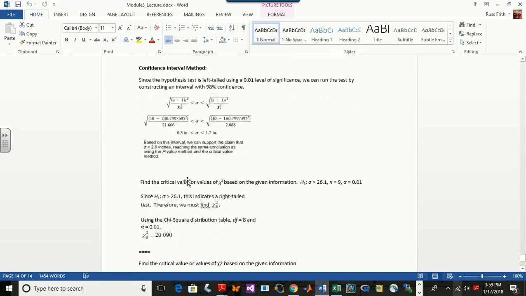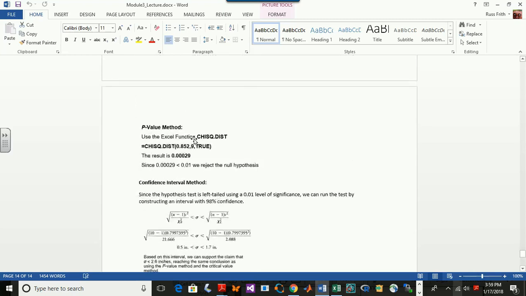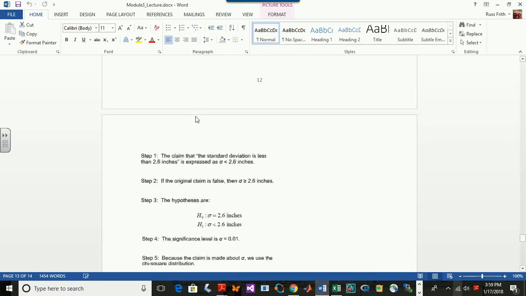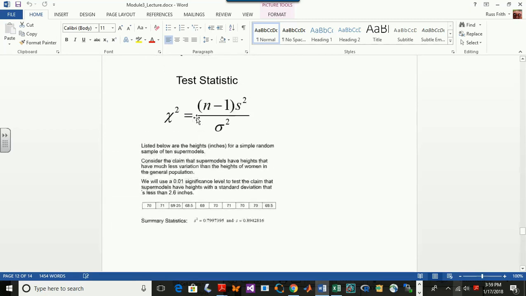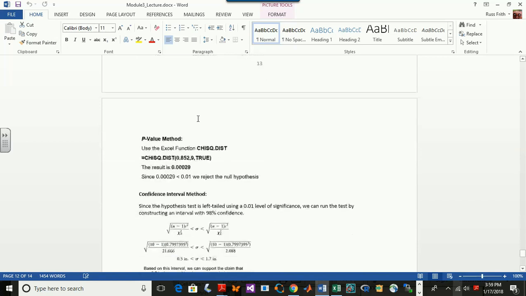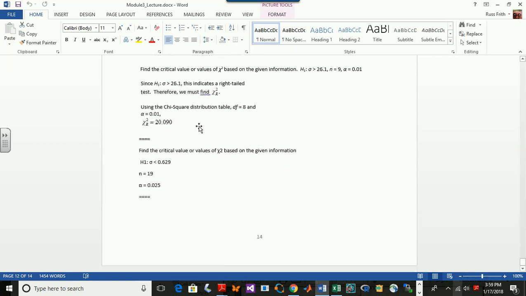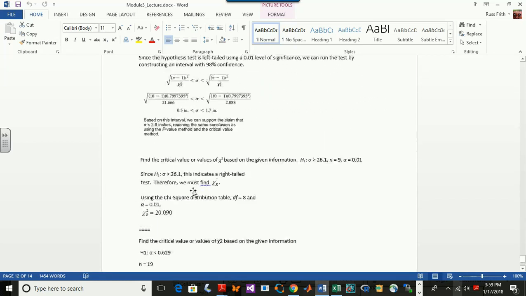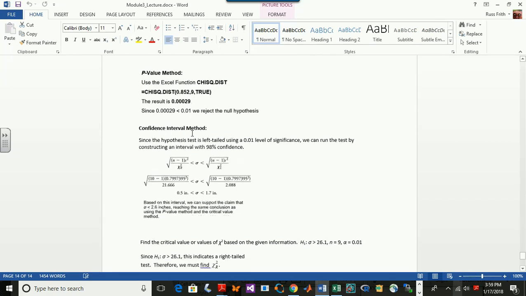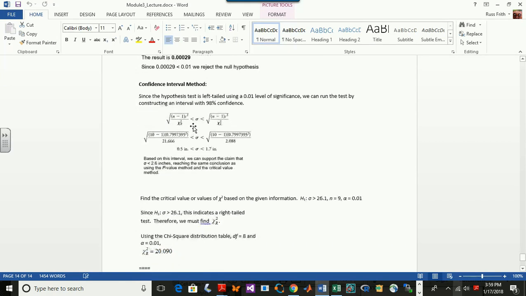So work through the details of all three: the first example is the critical value method, the second is the p-value method, and the third is the confidence interval method. I need you to understand all three methods.